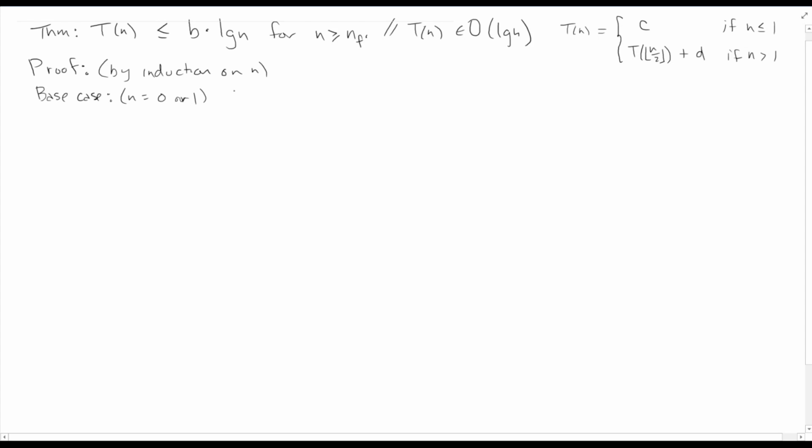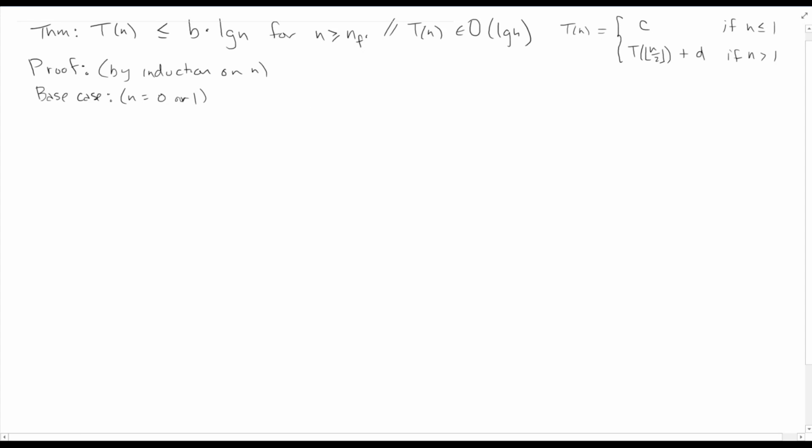Well, if I was going to try n equals 0, what would I need to prove? I would need to prove that T of 0 is less than or equal to b times log 0. Now, of course, that's my problem right there. Log 0 is undefined, so it's impossible to even state that. I don't even know what you're asking me.